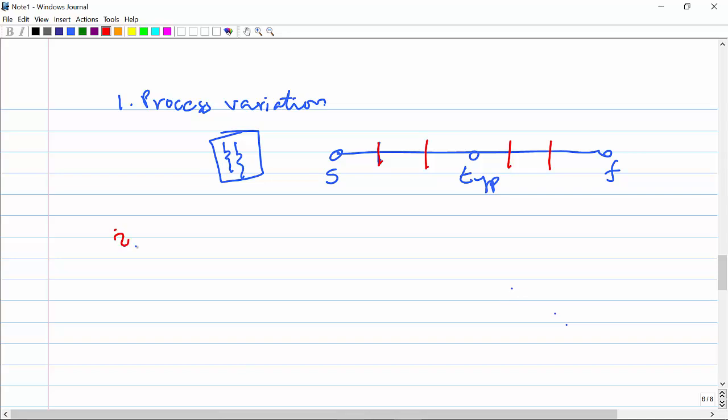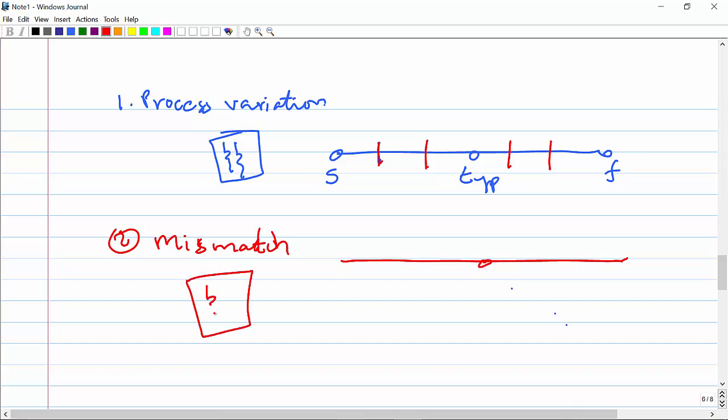And the second option is to consider the mismatch. So if we consider only mismatch and not the process variation, then these two resistors will vary. There will be a mismatch between these two resistors. If we consider only mismatch, it will not consider the process variation.